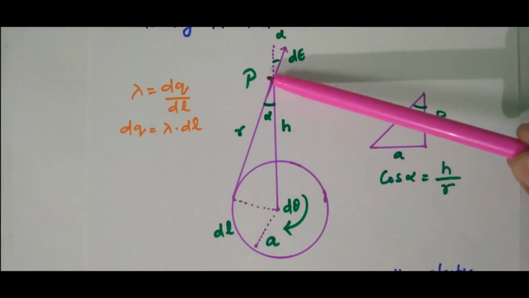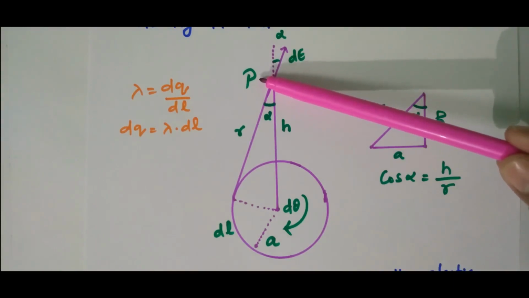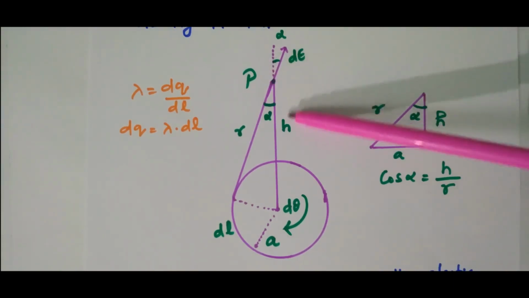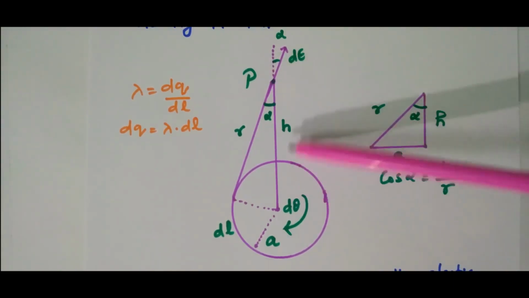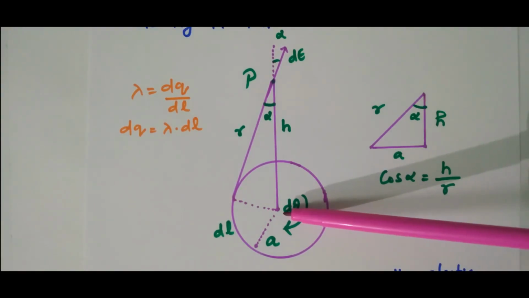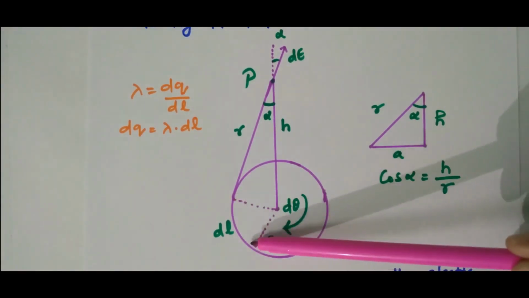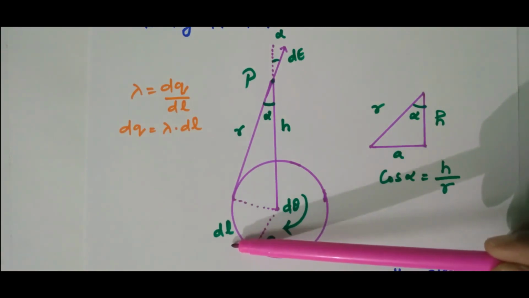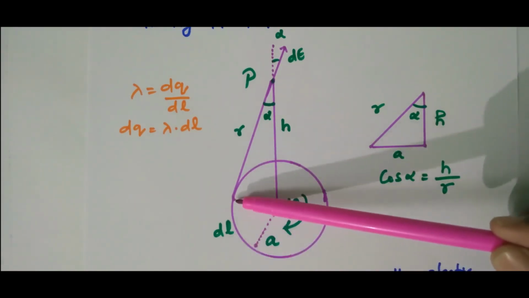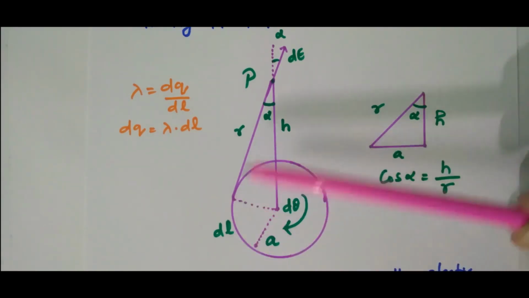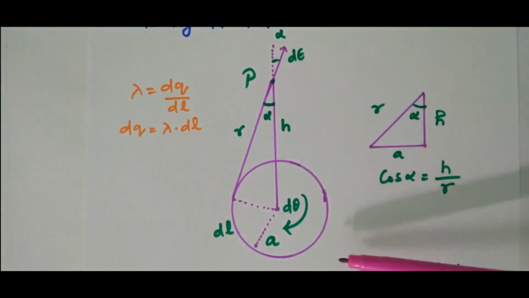Our aim is to find the electric field intensity at this point P, which is at a distance h meter from the center of the ring. Here we consider one small segment dl. L is the length, dl means small length. The distance between this segment and point P is r meter.